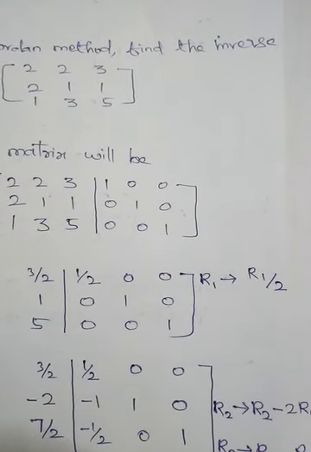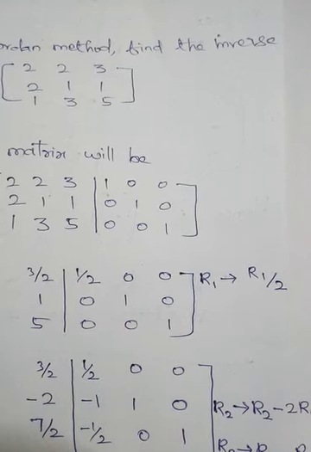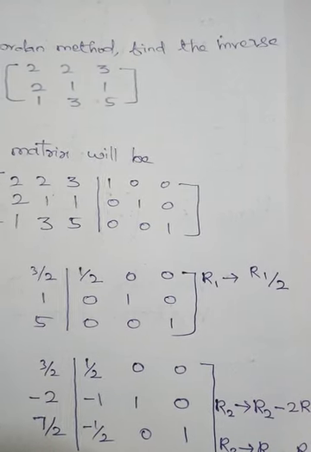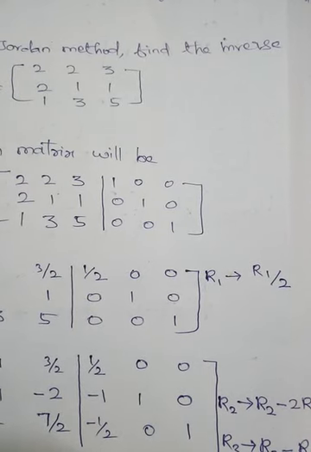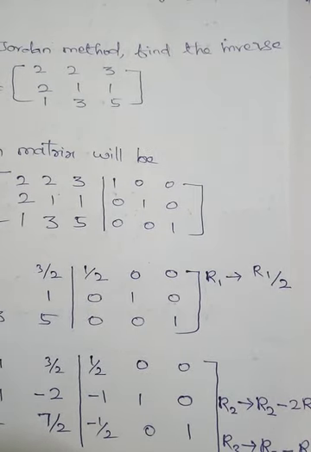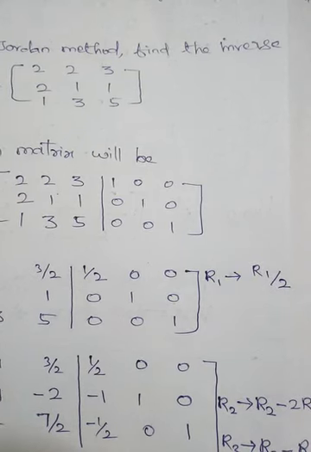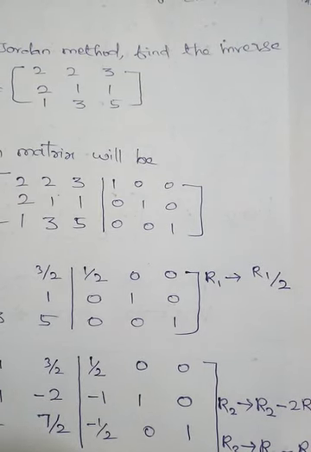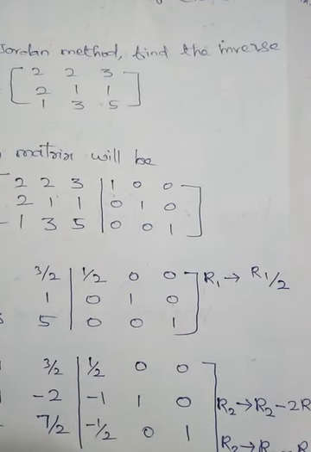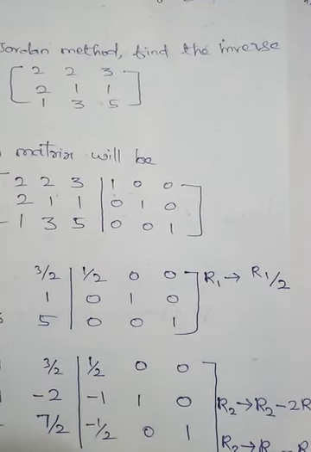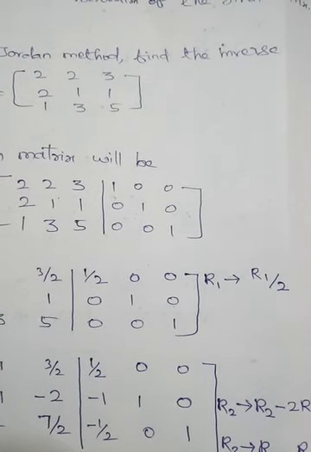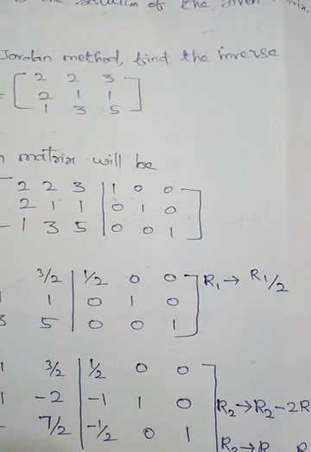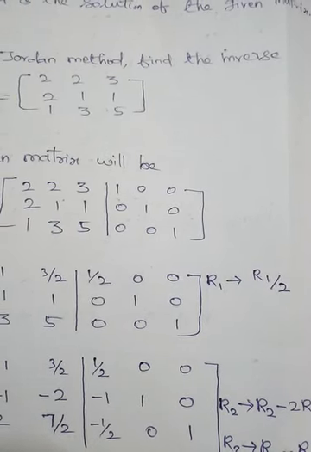A row may be multiplied by any constant, maybe 2, 3, 4, 5, 6, whatever. According to the problem we take the constants. We may add, subtract, multiply or divide, whichever technique is apt for the corresponding step.